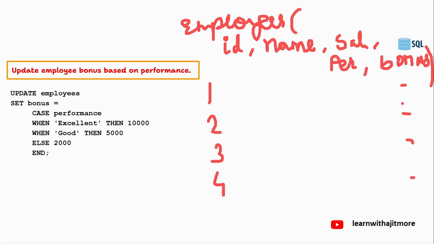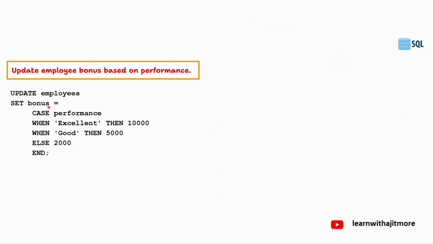So what value will be given to the bonus column of that row depends on that row's performance column. If that row's performance is excellent, that row's bonus will become 10,000. If in that row the performance is not good or excellent, bonus will be 2,000. Like that, you can update the value of a column also based on the case.